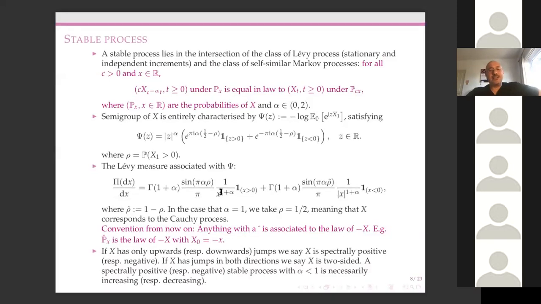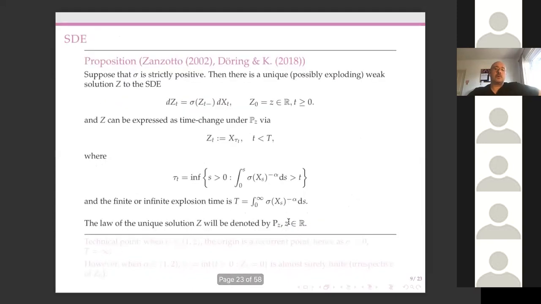And here, I can take rho to be 1 and alpha to be between 0 and 1, that would switch off this here. That would make this into the only contribution in the Levy measure. You'd have your increasing Levy subordinator. Some of you know a stable process in the symmetric sense, so that would mean rho is a half. And if alpha is 1, you've got back to your Cauchy process.